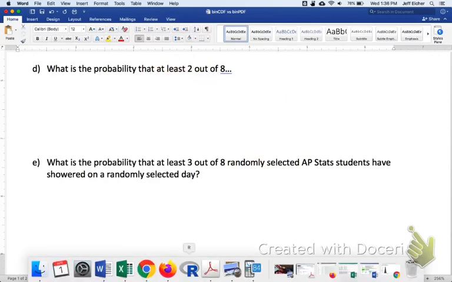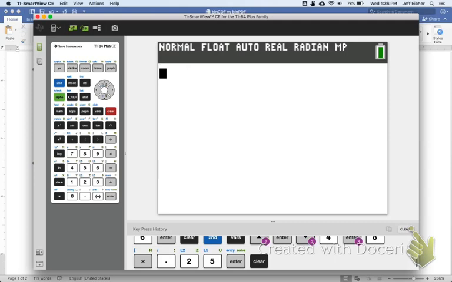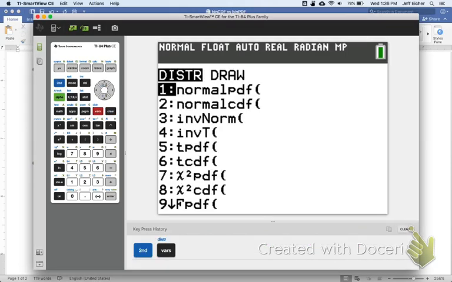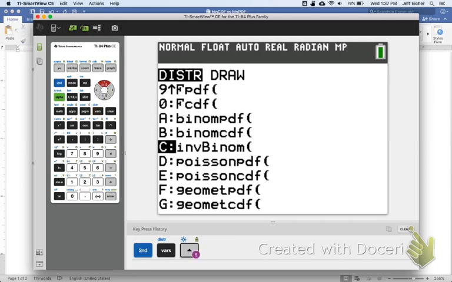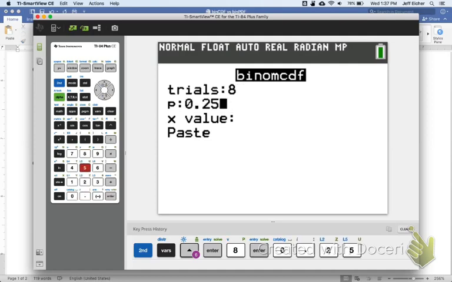If we did calculator, if we cleared out this guy, second vars, doing BinomCDF, and we have 8 trials, we have 0.25 probability, and the question is, what do we put for x here? That's the biggest number within the complement that we want. So we wanted 0 and 1, so we're putting 1.